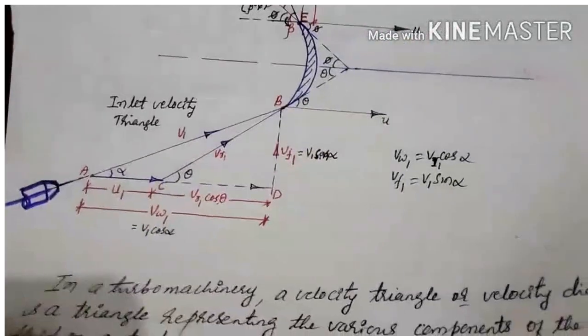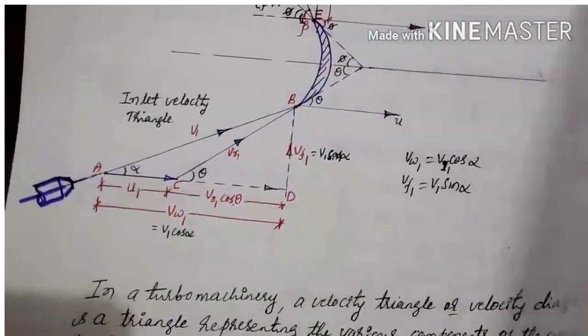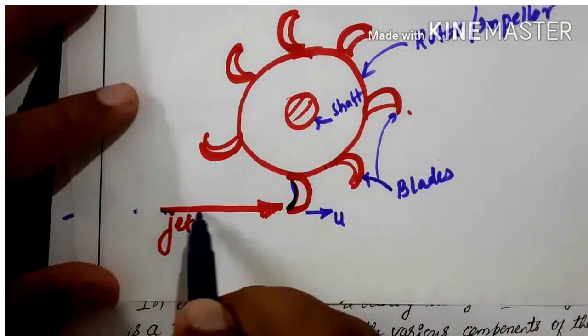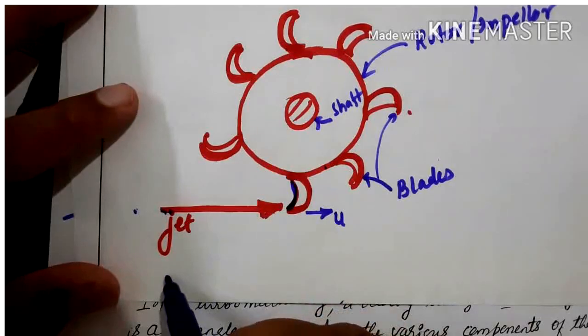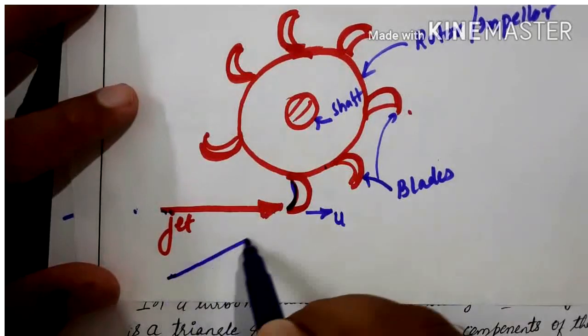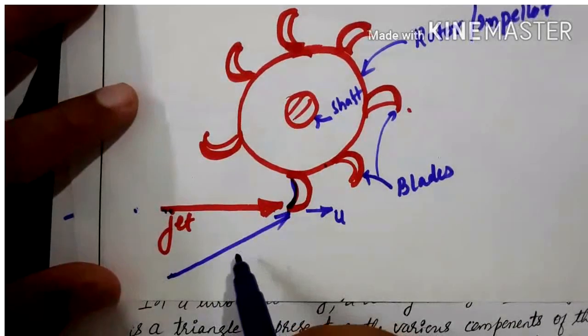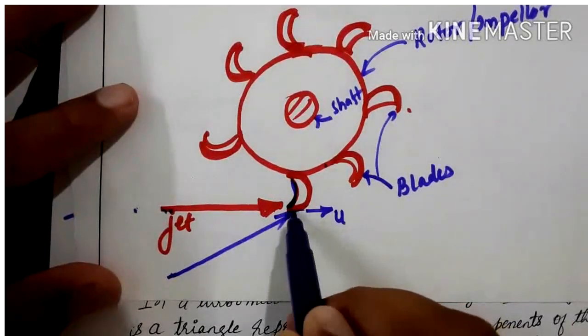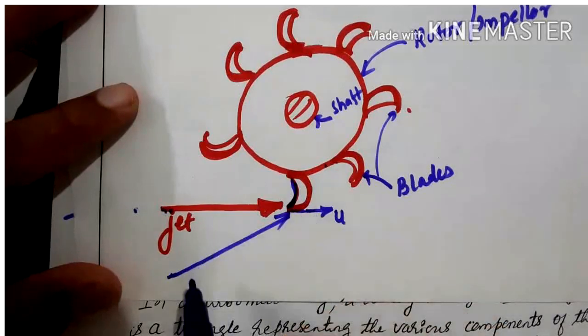See, in this case, we have taken the jet in the horizontal direction, but actually the jet is striking in this way. This is the jet and this is the tangential direction. If you draw the tangent here, it becomes the tangential direction.